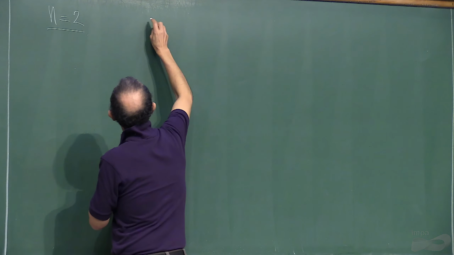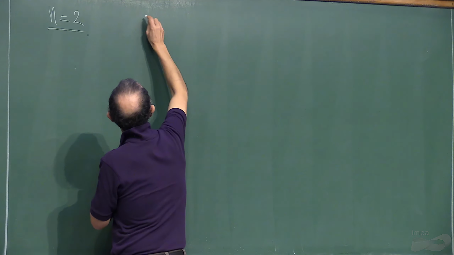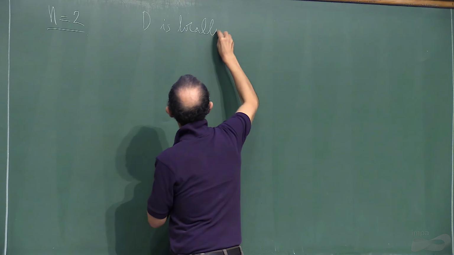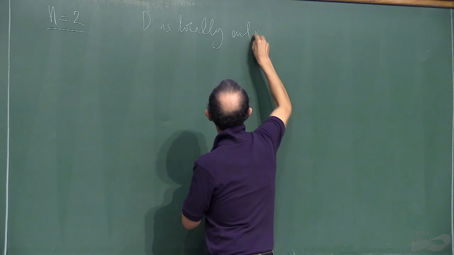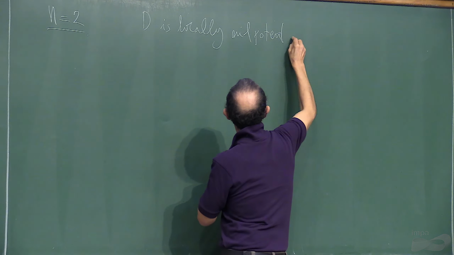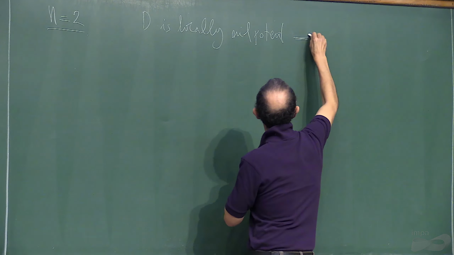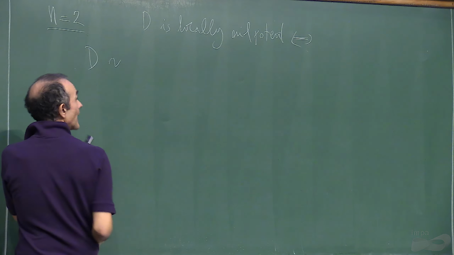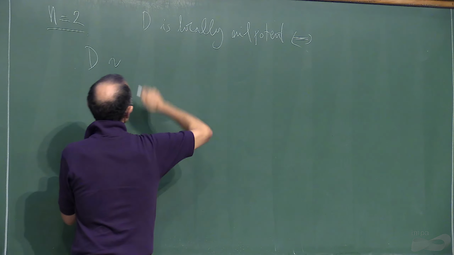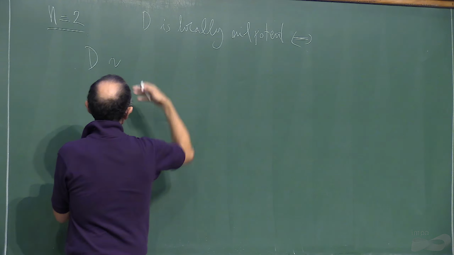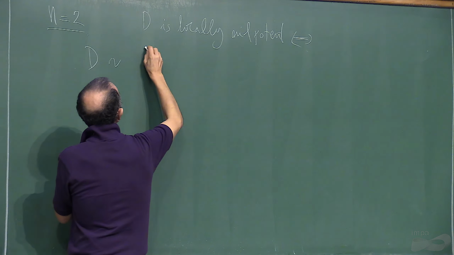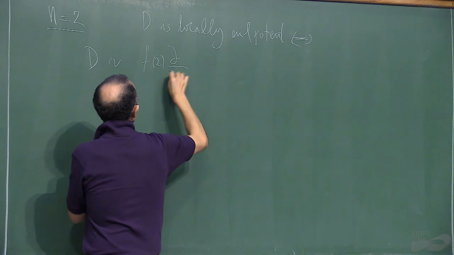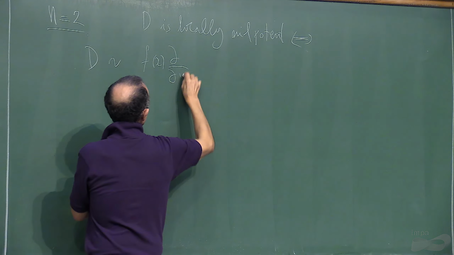For n equals 2, there is a characterization: D is locally nilpotent if and only if D is conjugated, in the polynomial automorphism group, to a derivation of the form f(x) times the derivative with respect to y.